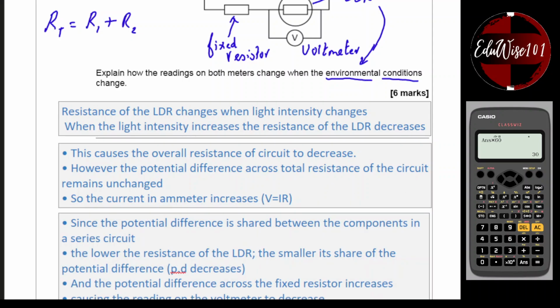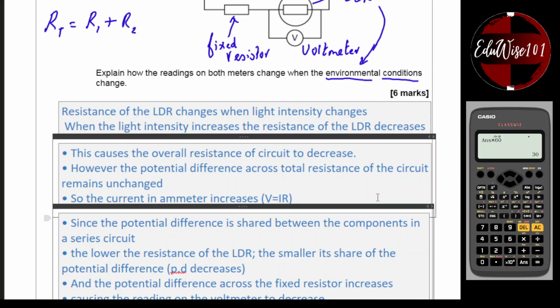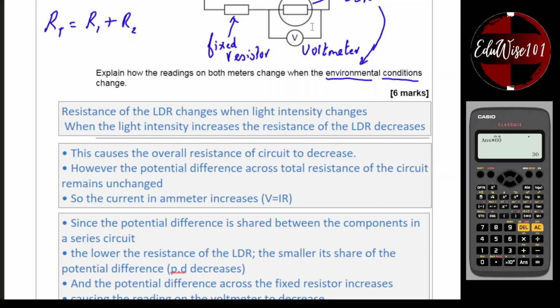So how do you get the next couple of marks, right? Since the potential difference is shared between the components in a series circuit, the lower the resistance of the LDR, the smaller its share of the potential difference, and the potential difference across the fixed resistor increases, right? So the resistance is lower here.